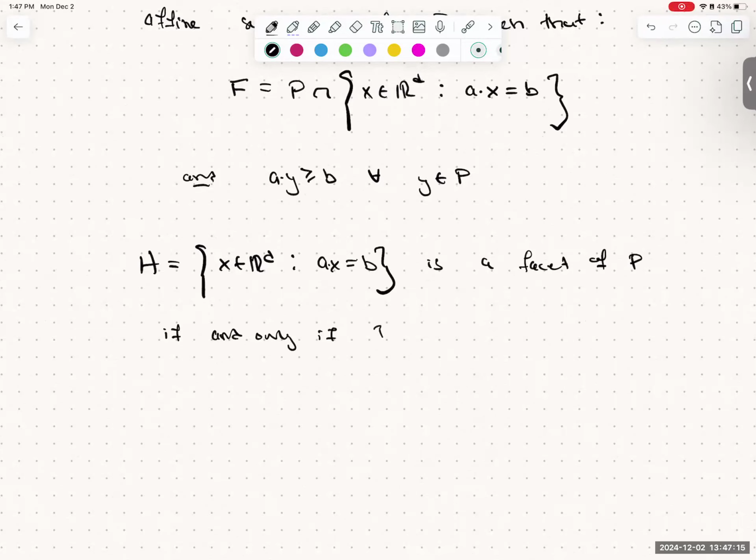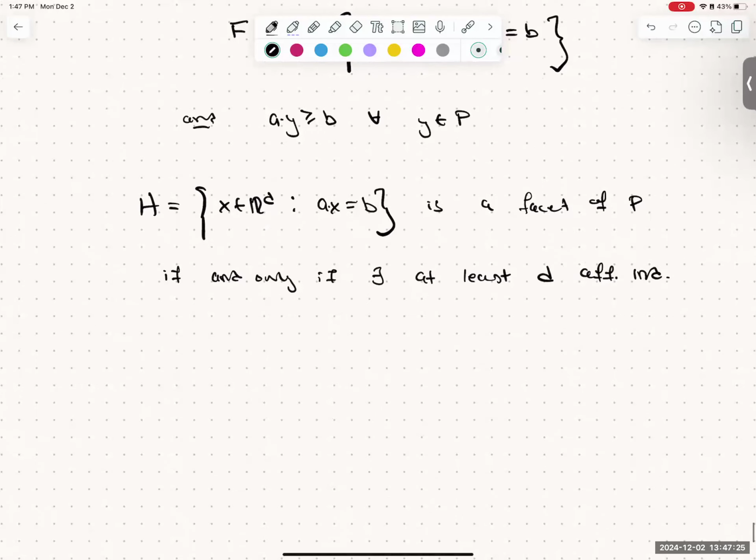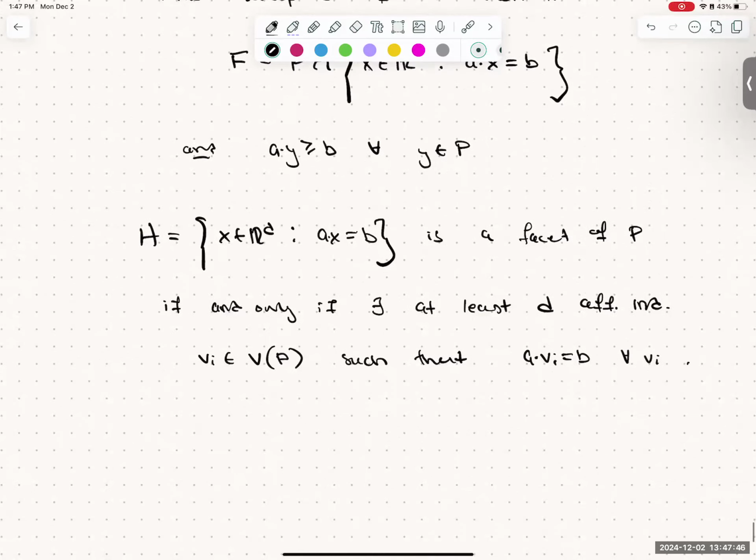there exist at least D affinely independent v_i in V(P) such that A dot v_i equals B for every v_i. If you recall from two weeks ago, a vertex is a kind of dual notion.